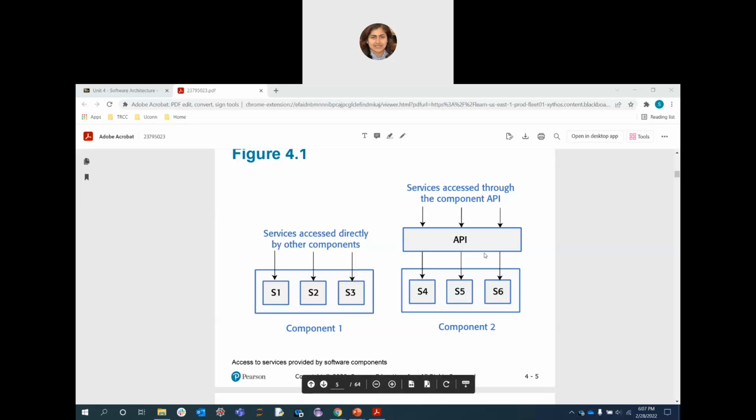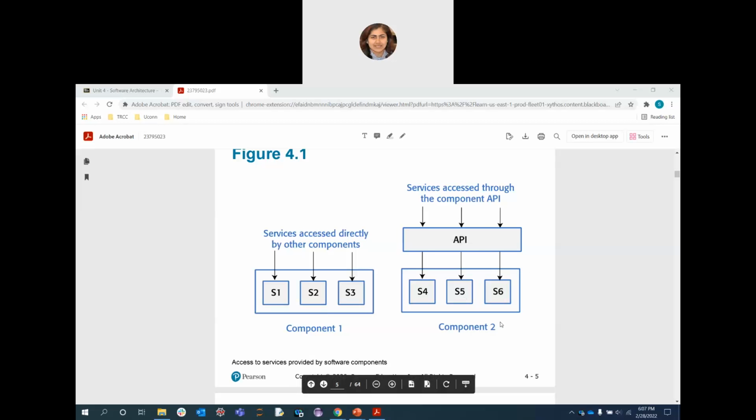Sometimes the services in a component could also be accessed using an API. An API is an application programming interface, which enables companies to open up their applications' data and functionality to external third-party developers, business partners, or internal departments within that company.